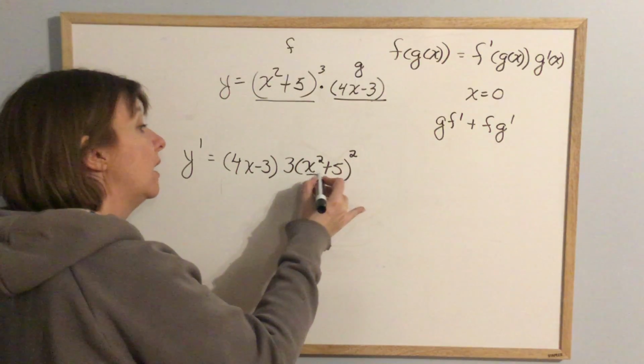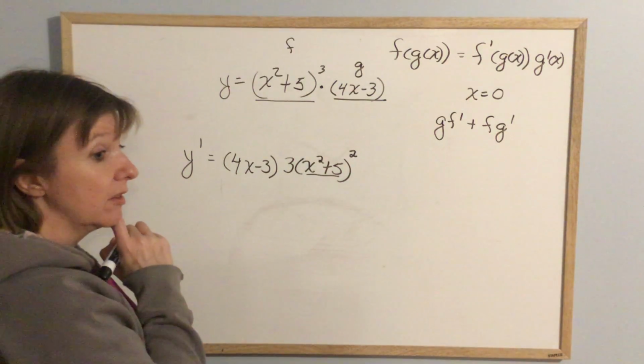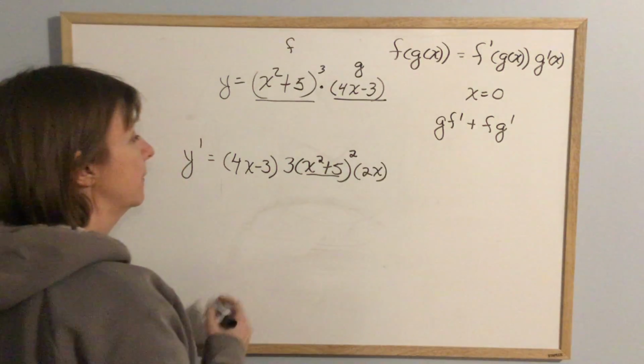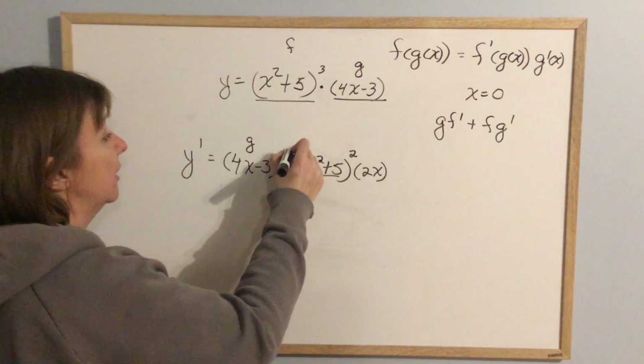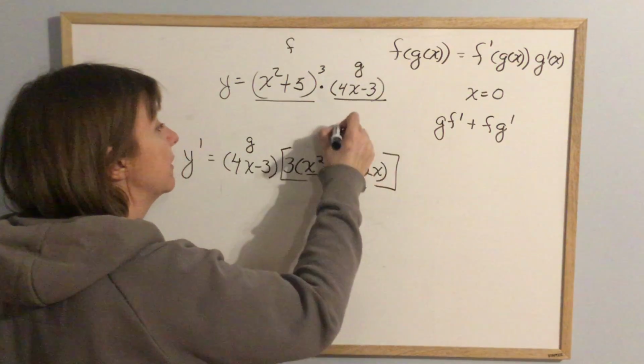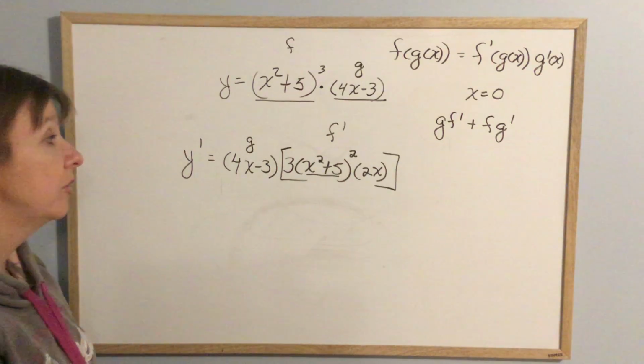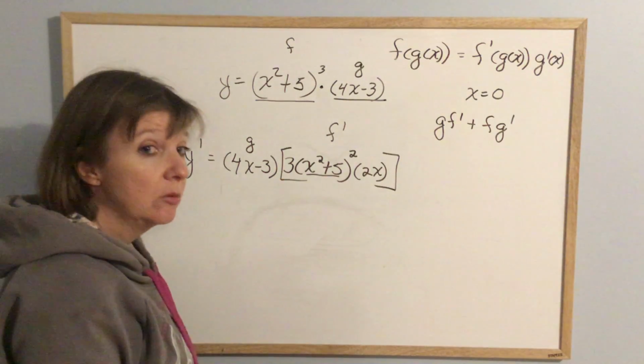But then I have to do the derivative of the inside, which would be 2x. So here is my g, and all of this is my f prime. In order to do f prime, I had to do the chain rule with it, all right?